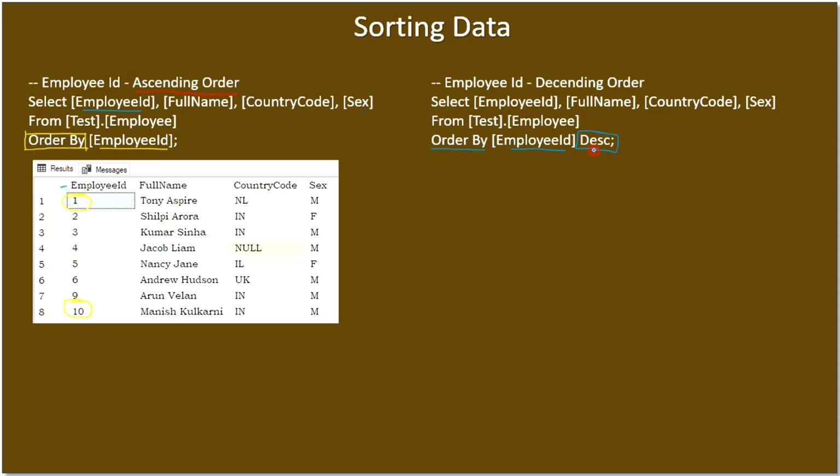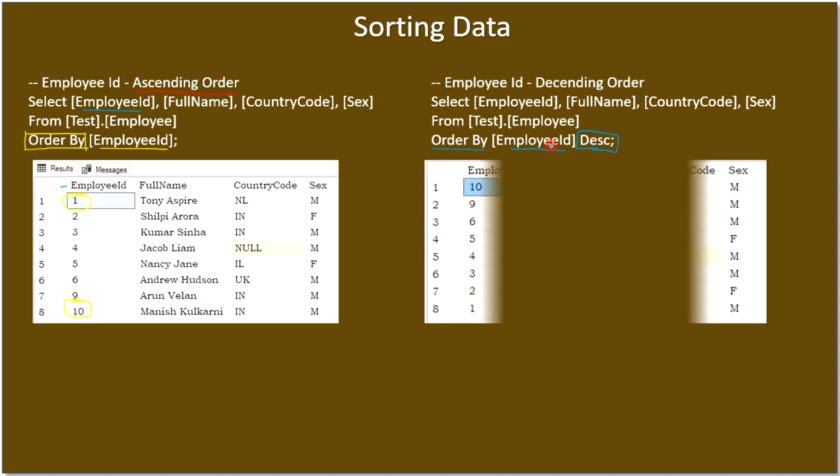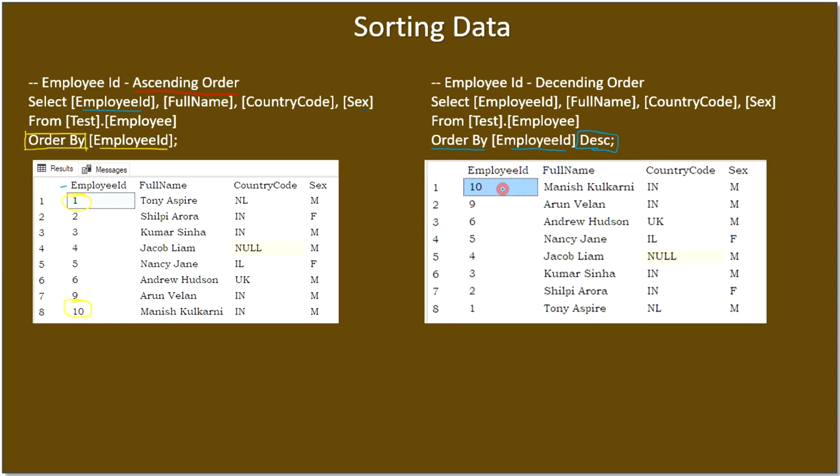This DESC tells that we want to sort the records based on employee ID, but in descending order. Now the highest number comes first and the lowest one is at the bottom. So, just the reverse of the previous one.